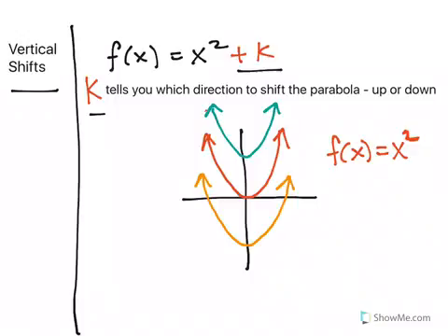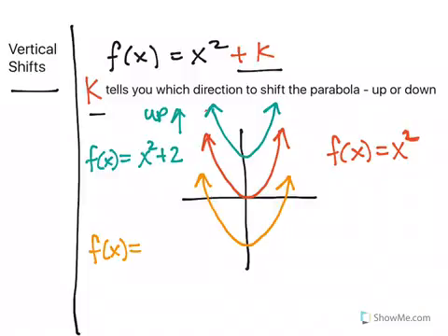And the teal graph is f(x) equals x squared plus 2. That shifts the graph up. So as you can imagine, the yellow graph would be f(x) equals x squared minus 2, and that shifts the graph down. So these are our vertical shifts.